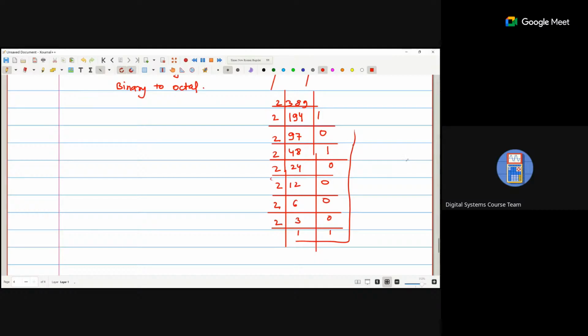So the binary is 110000101. Now we create groups: this group, this group and this group. So it is 6, 0, 5. The answer should be the same.